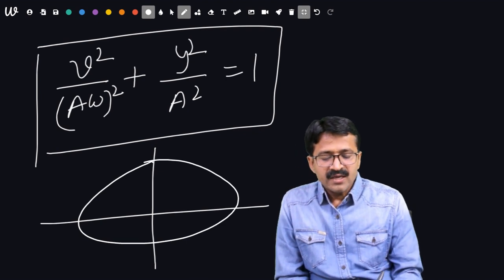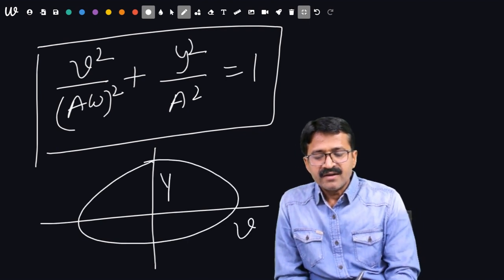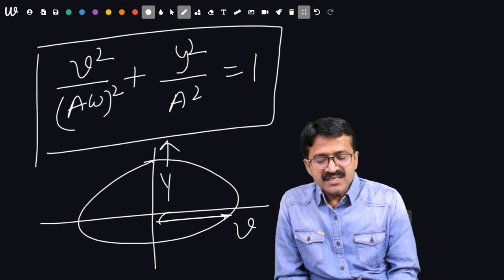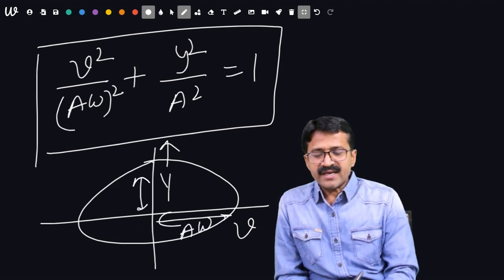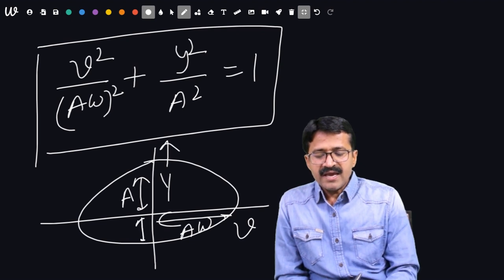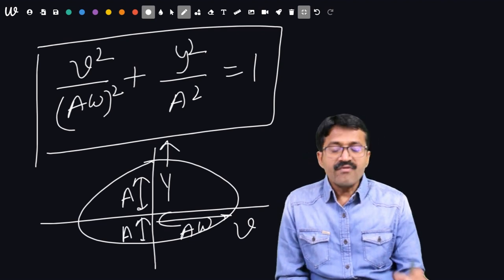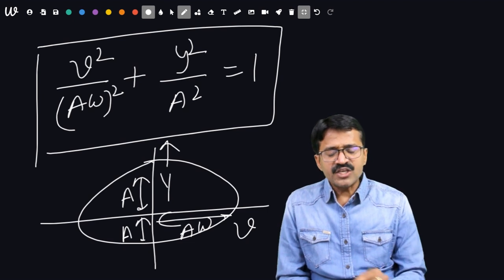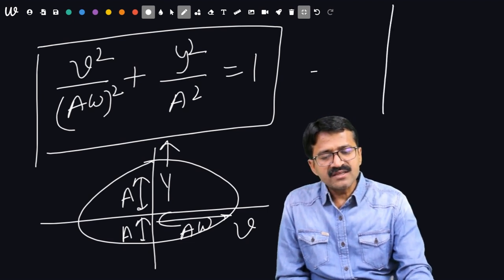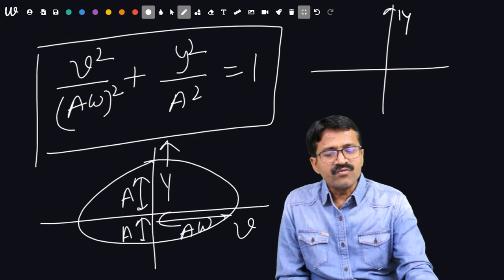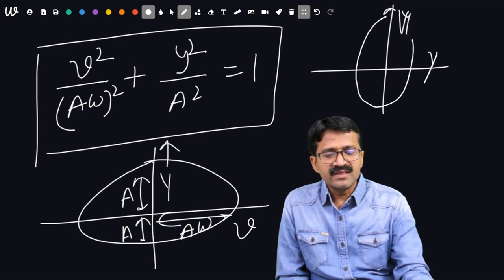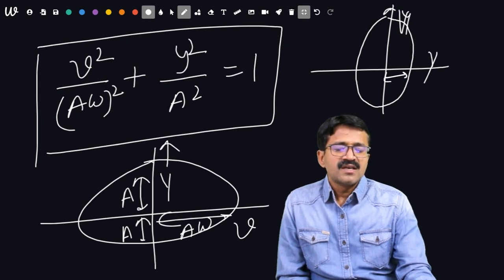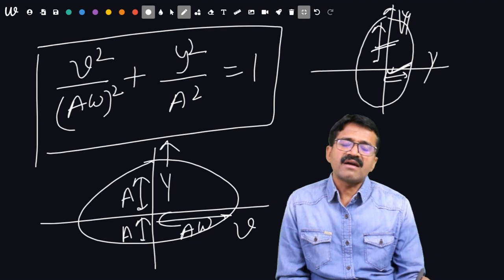If you put velocity here and displacement here, this major axis will be a omega and this minor axis will be a. It is very important. Axes can be changed. If we take velocity here and displacement here, then the graph will be in this way. This is major, this is minor axis and this is major axis.